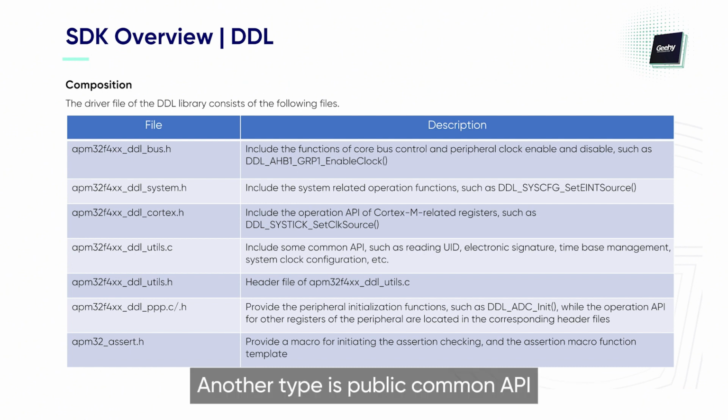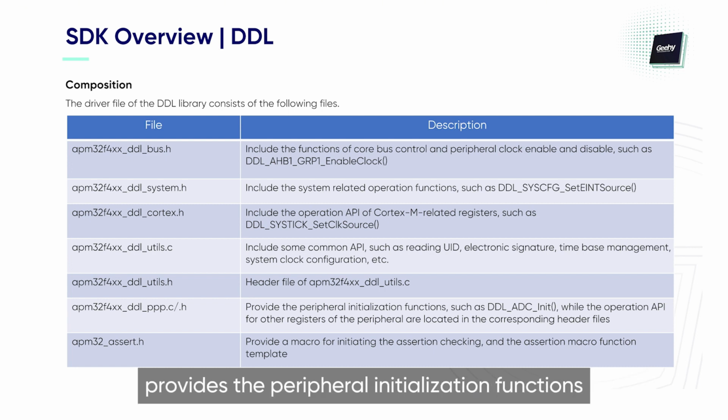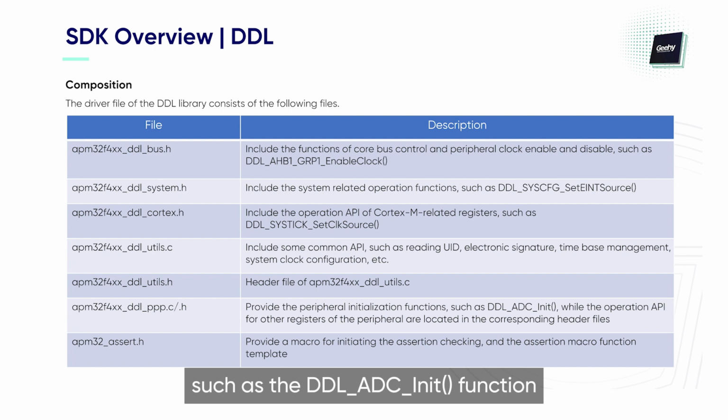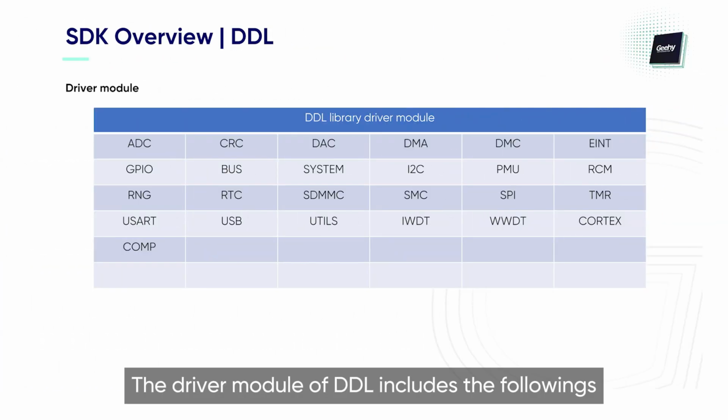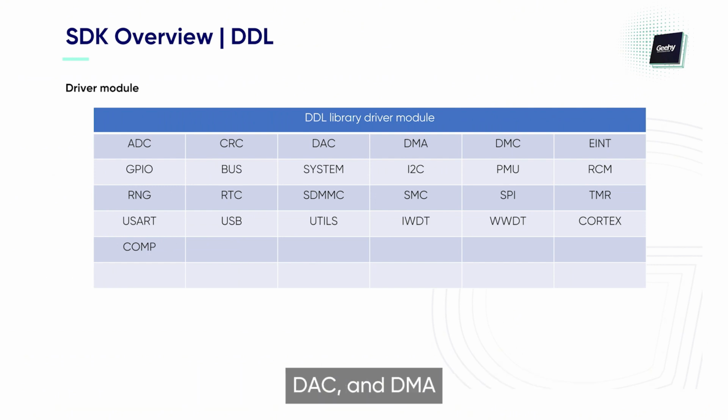Another type is public common API, which is included in the file of utils.c, and its utils.c.h file provides the peripheral initialization functions, such as the DDL ADC init function. The driver module of DDL includes the followings, and the commonly used are ADC, DAC, and DMA.